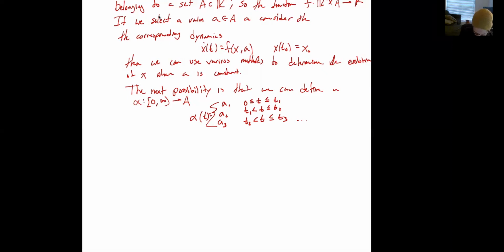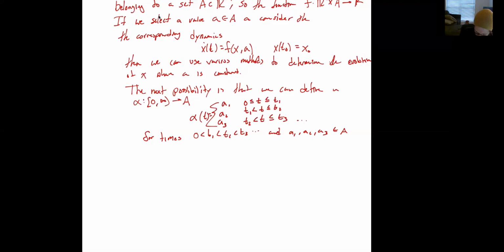So this is for 0 less than t1 less than t2, and a1, a2, and a3 all contained in that control space.